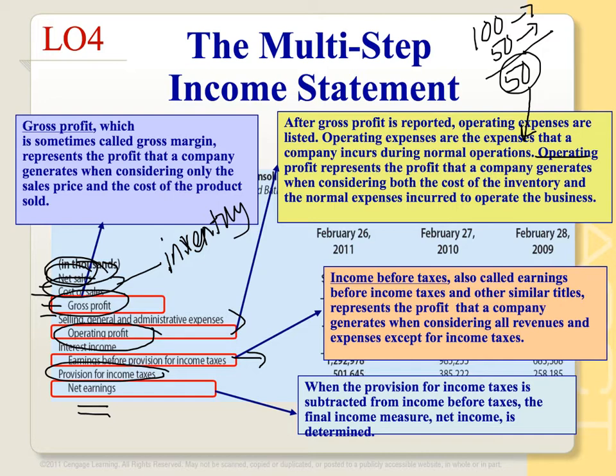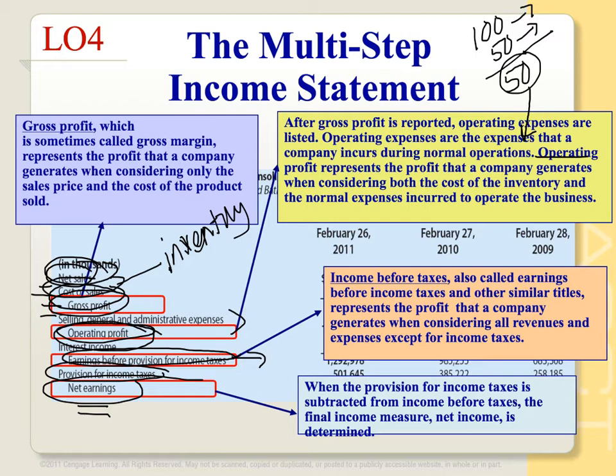So technically, there are 4 key subtotals in a multi-step income statement: gross profit, operating profit, income before taxes, and net income or net earnings. 4 key subtotals in preparing the multi-step income statement.